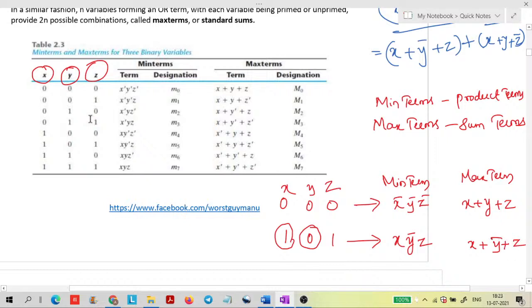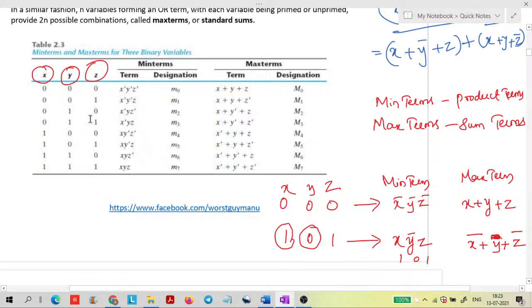So for 101, in min term it is x, y bar and z, while in max term it is x plus y bar plus z.